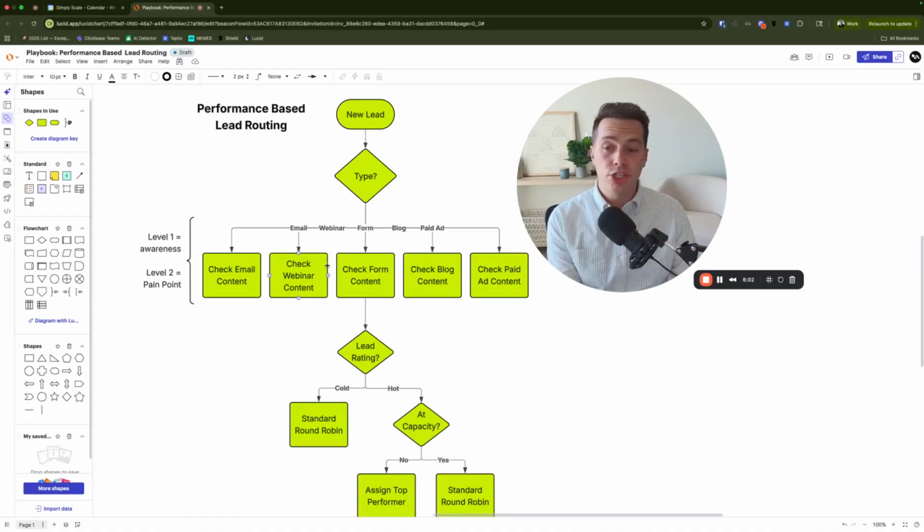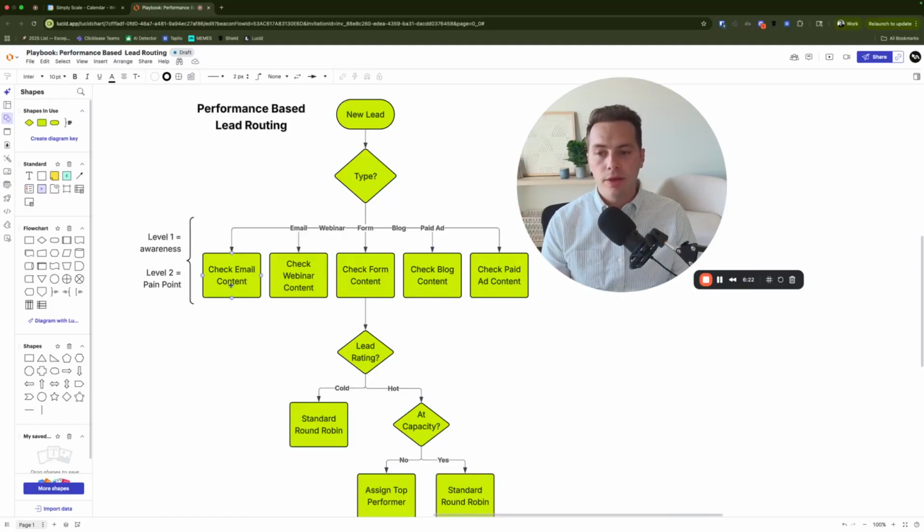Level 2 is checking the type of content that we talked about. So going back to this performance, great, we now have an awareness. Annie or John knows how to talk to the people because we've identified that they're either cold or they're hot, depending on the buying stage in the funnel. Now, number 2 is the pain point.